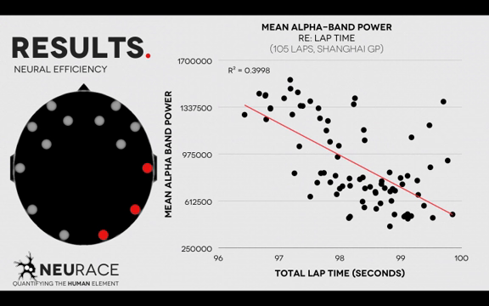So here we see that higher alpha band power is actually related to faster lap times in our 105 lap data set. And this is measured in temporal, parietal, and occipital recording sites. So you can imagine a lot of sensory motor integration happening without much interference from the executive system.